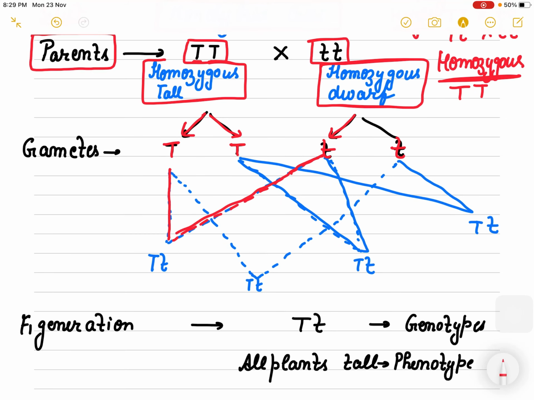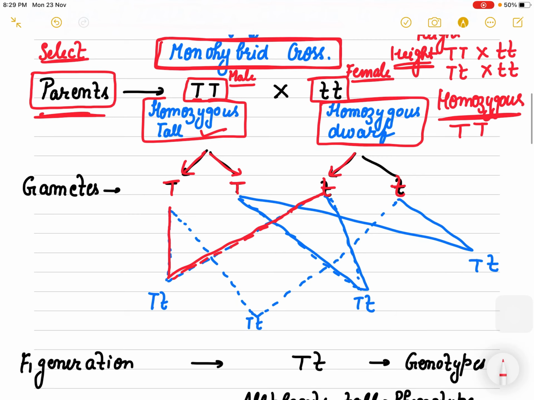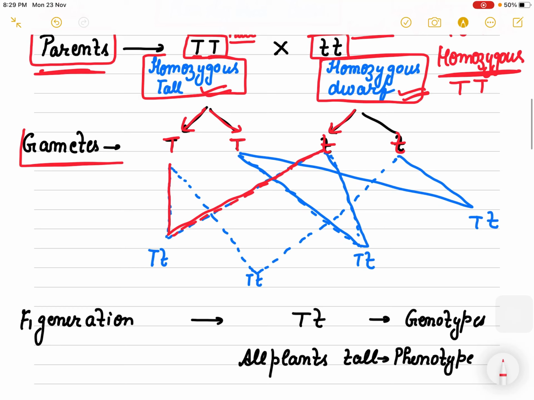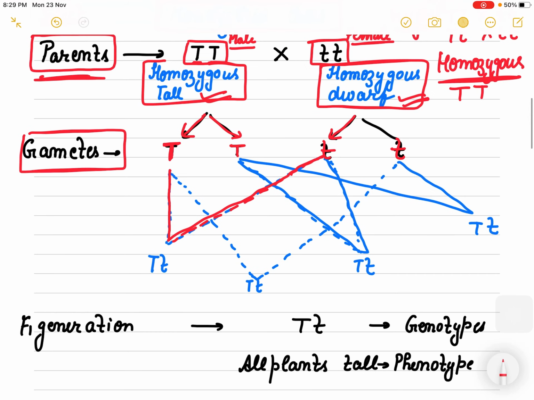Suppose, for your easy understanding, this is male and this is female, because we are taking the parents. Gametes are formed and now going to combine. This capital T will combine with the female small t, so this combination will be formed.